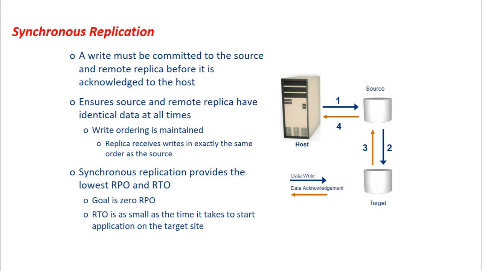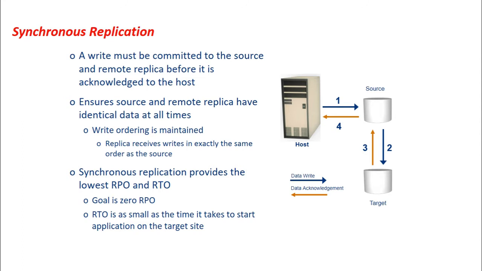Synchronous replication provides the lowest recovery point objective and recovery time objective. The goal here is zero recovery point objective, that is, there should not be any loss of data.